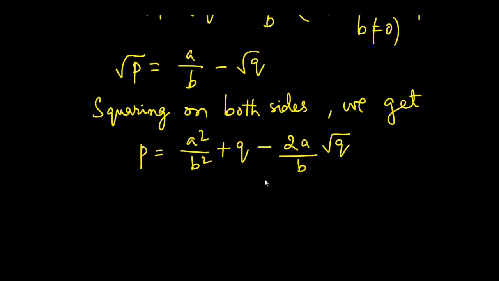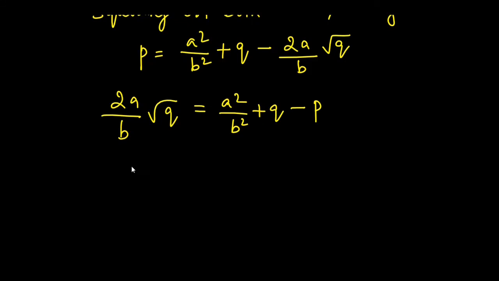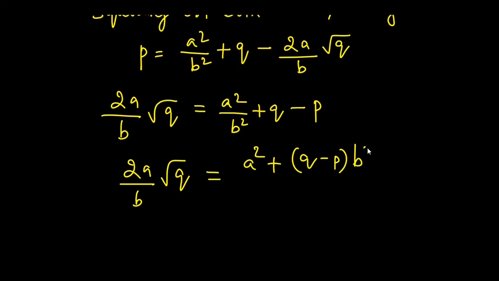Now take the root q term to one side, we get 2a by b root q is equal to a square by b square plus q minus p. Now 2a by b into root q is equal to a square plus q minus p whole b square by b square.